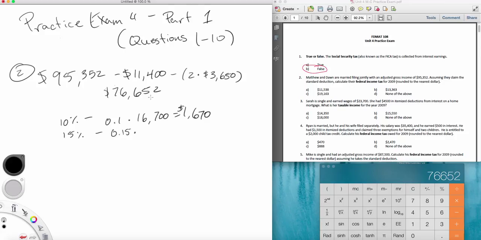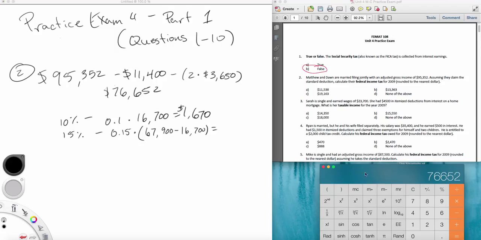Now we're going to move up to the 15% bracket, and that will be 0.15, and we'll multiply that. It's going to be the difference, so we look at the next bracket, the 25% bracket is at 67,900, and notice that our 76 is above that, so we'll subtract from that 16,700.